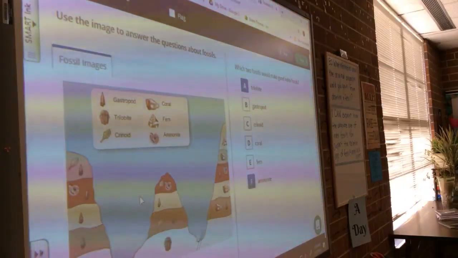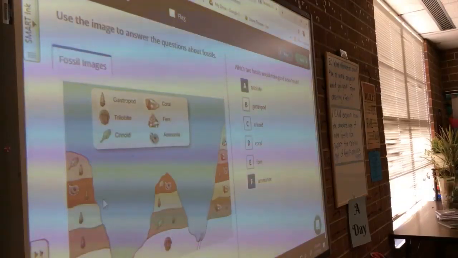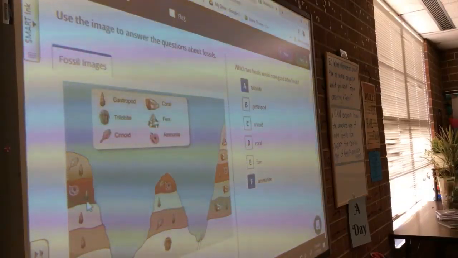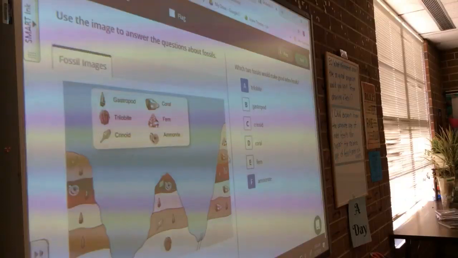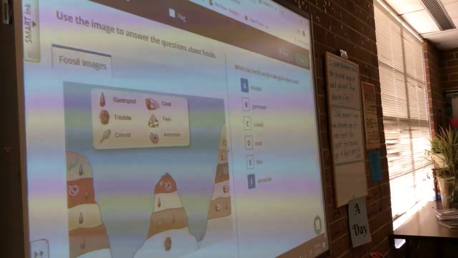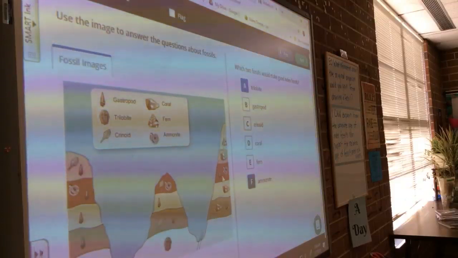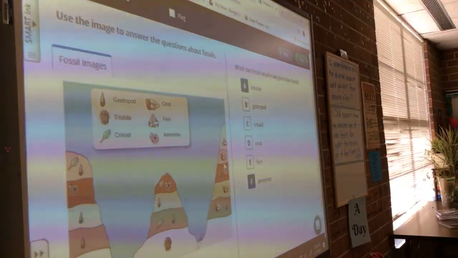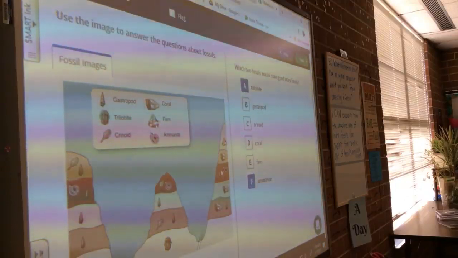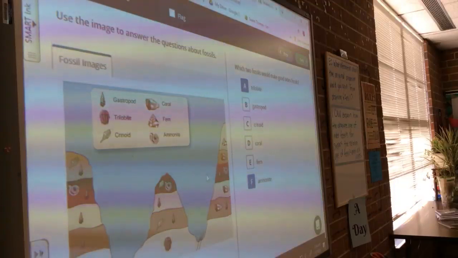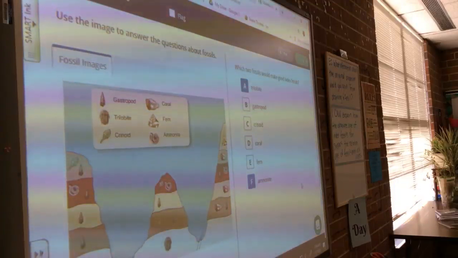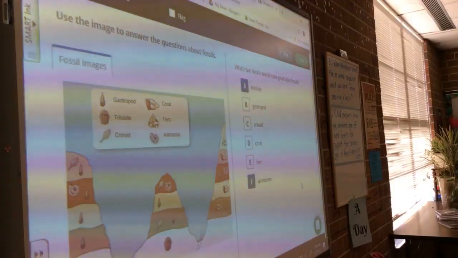That one right there, it's only in one layer, and it's in each one of the columns. Fern is only one up here. Coral, we see in a bunch of different layers. The crinoid, we see in a couple different layers. So the only one that's all in one single layer, but we see in all columns.